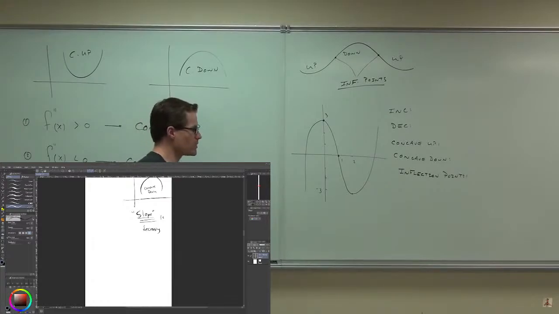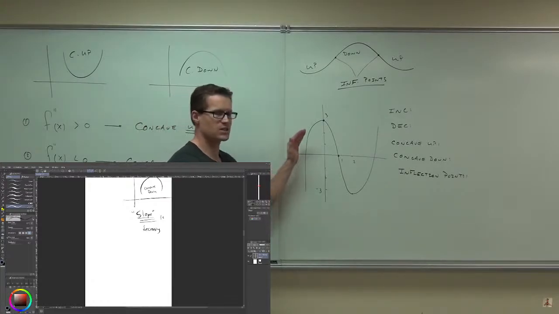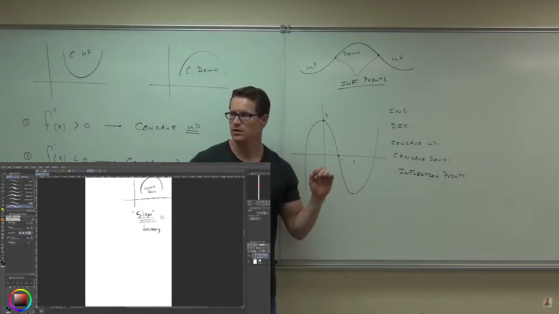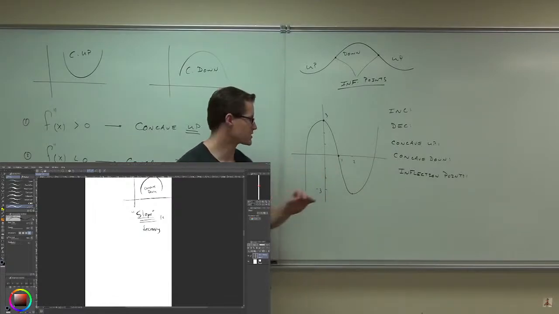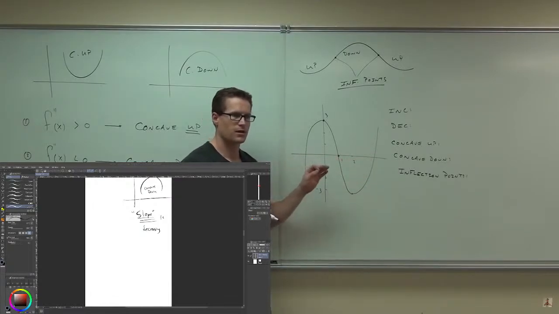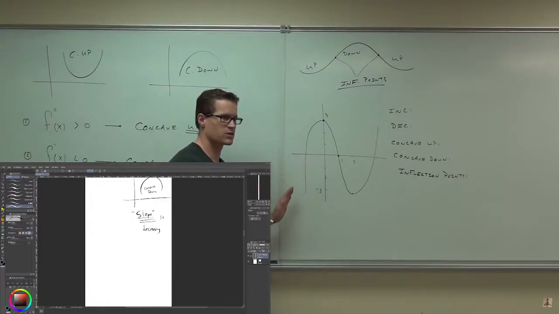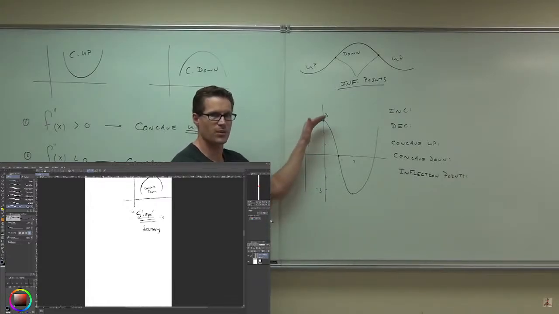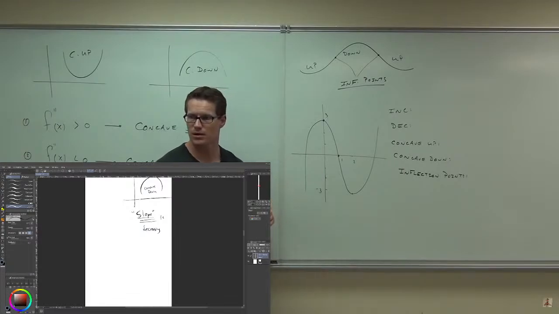It increases all the way up until we reach x equals what? I'm talking about where the function stops increasing. Where's it stop going up on the x-axis?